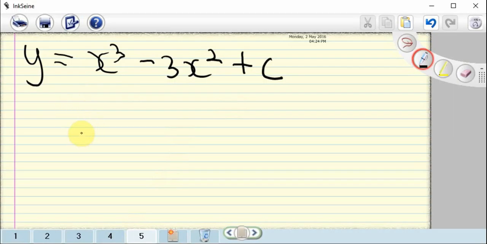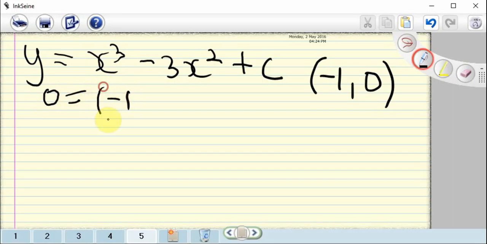Now we need to find the value of c, and the point that they gave us is (-1, 0). So we're going to be plugging in these values into the equation. That's going to be 0 is equal to negative 1 cubed minus 3 times negative 1 squared plus c.